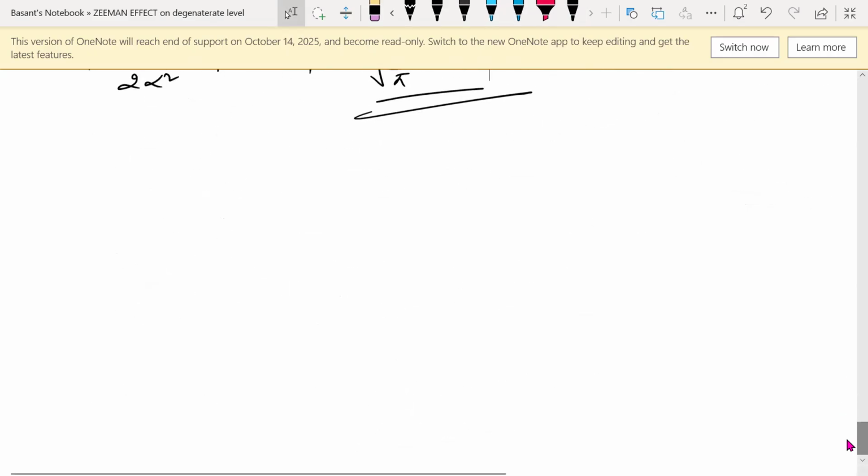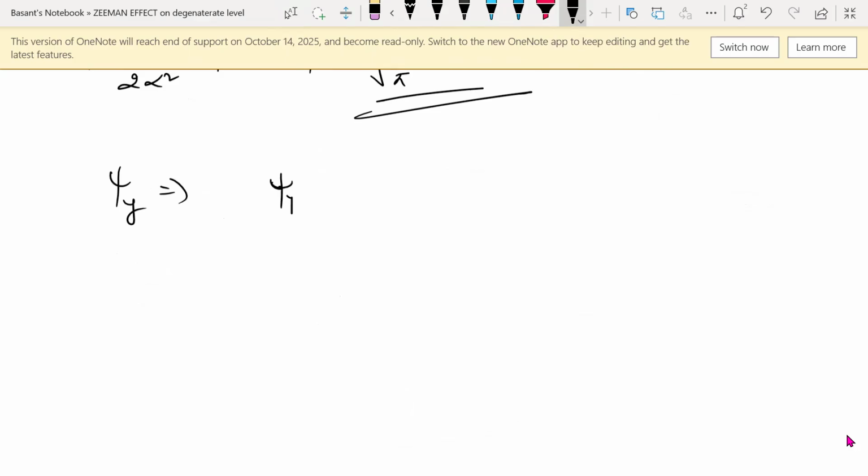Now, for psi y, similarly, R01 is equal to R times e to the power minus alpha R square by 2, and y projects the sine phi.